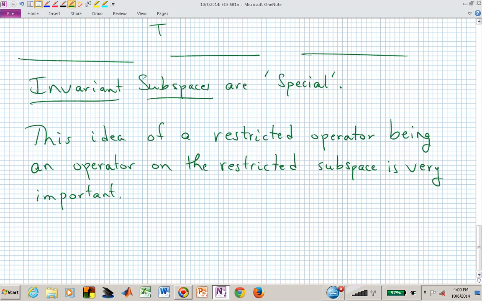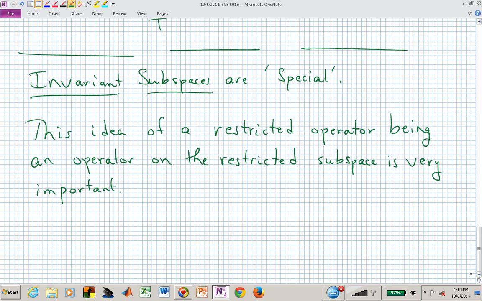So in going back to our earlier example, if we started on the x-axis and our linear map took us back on the x-axis, then that would be the map restricted to that particular invariant subspace.